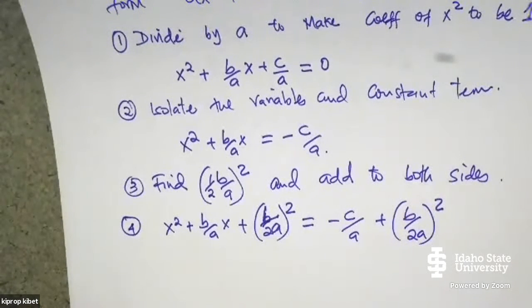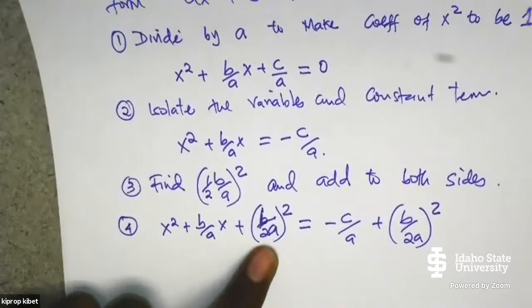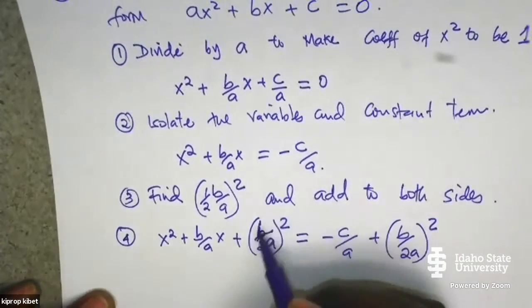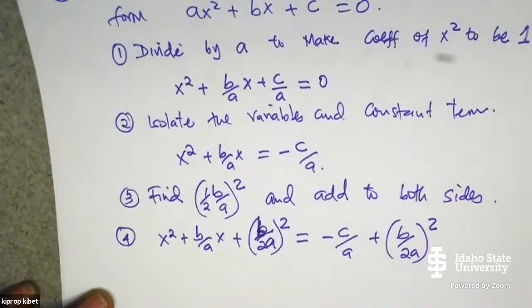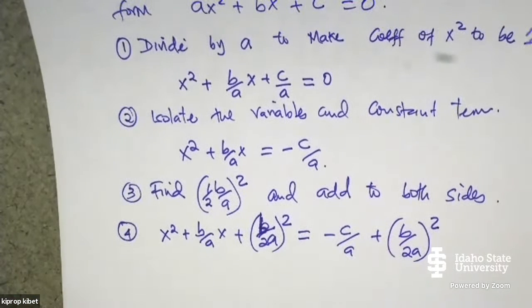Now from there, on this side now, this is b all over 2a. So from there now, that is a trinomial on the left. It's now becoming a perfect square trinomial, plus the square root of this and the square root of this.